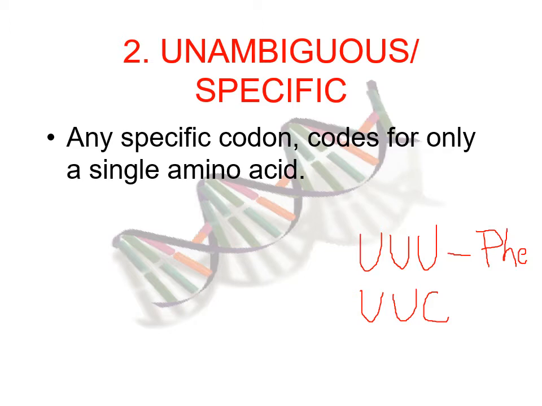UUU codes only for phenylalanine, and similarly, UUC codes for only phenylalanine but does not code for any other amino acids. I hope with this, the concept of these two things, degeneracy and unambiguous, is clear to you. So please do not confuse these two important characteristic features of the genetic code.